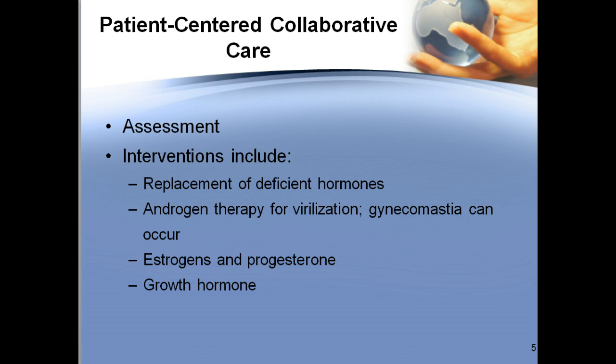I want you to look at when a person has, once again, hypofunction, which is decreased anterior pituitary hormone. They're going to have decreased growth hormone, decreased LH and FSH, decreased thyroid stimulating hormone, decreased adrenocorticotropin hormone. These are the things that are going to occur.